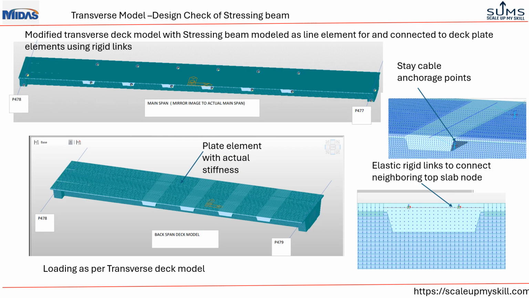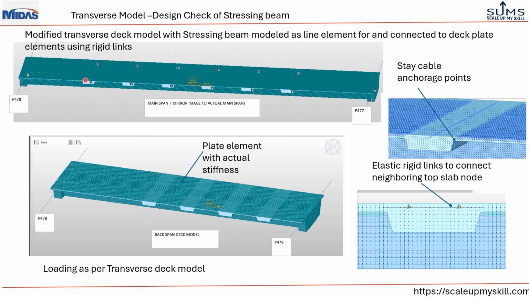Design of the stressing beam is done using a transverse model, converting that transverse model into a simplified version by converting the solid element of the stressing beam into a line element, so that it will be easy for us to extract the design forces, and we can utilize that directly for the design. And here you see this is the beam span of the transverse model, and this is the back span.